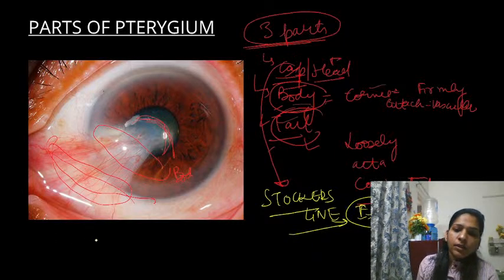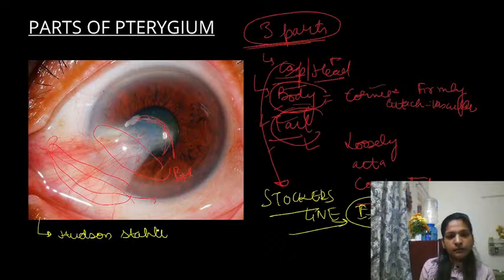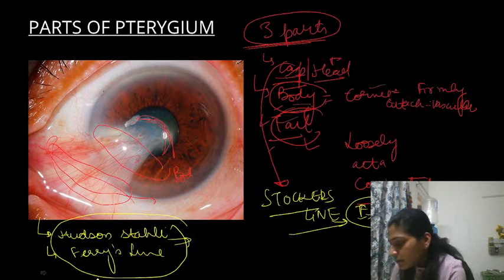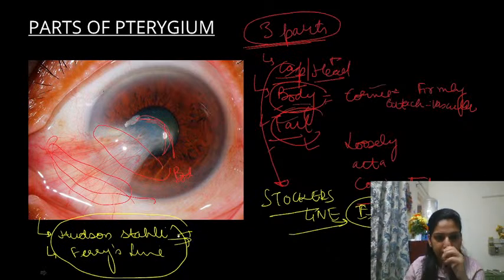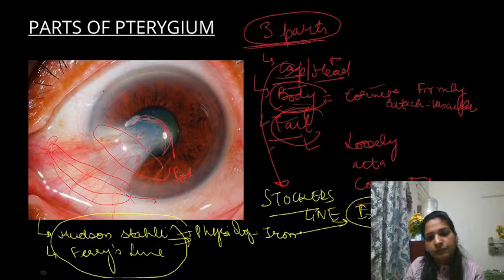Fine. Now there are also more lines which are present in various corneal pathologies. They also contain iron. Now you have to tell me where these lines form: Hudson-Stahli line, Ferry's line. Hudson-Stahli line is a kind of physiological line due to iron present in the tear film, present in the interpalpebral part.